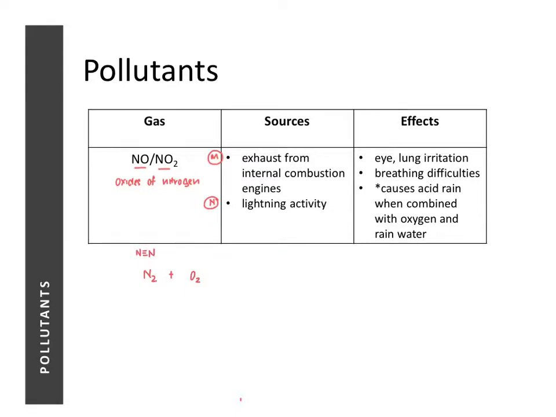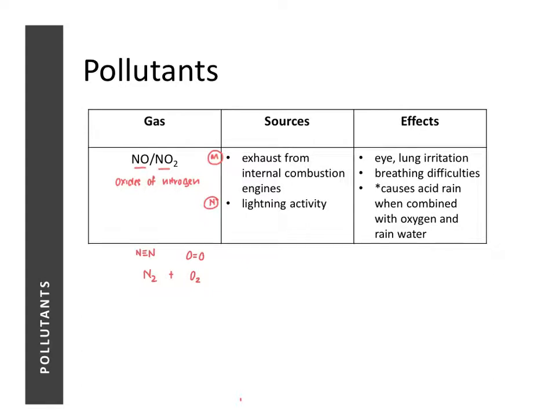Once again, nitrogen is in group 5, so it needs to share 3 more electrons in order to have a stable noble gas configuration. So nitrogen will form 3 covalent bonds to another nitrogen atom. For oxygen, oxygen is in group 6, so it needs to form 2 more bonds to become stable.